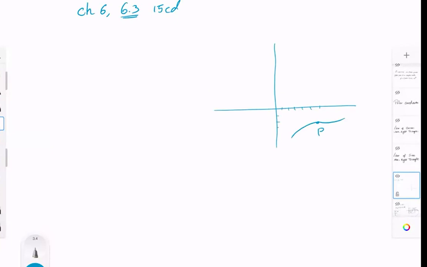Now they're asking us where this point will go after negative g of 1/3 x plus 4, minus 8.